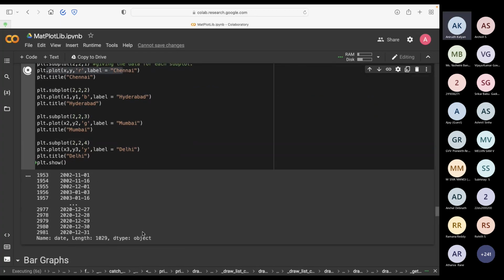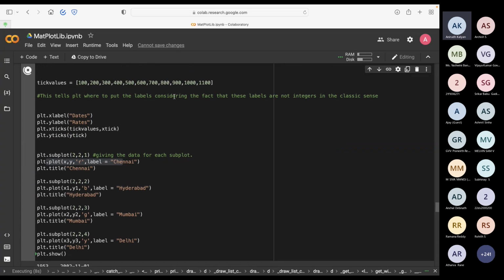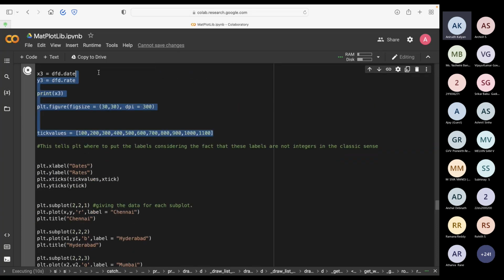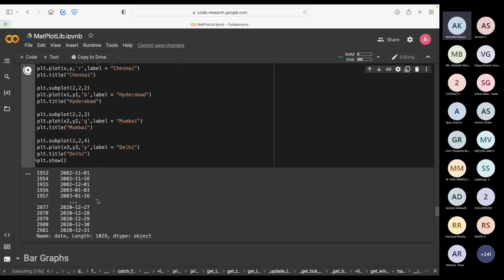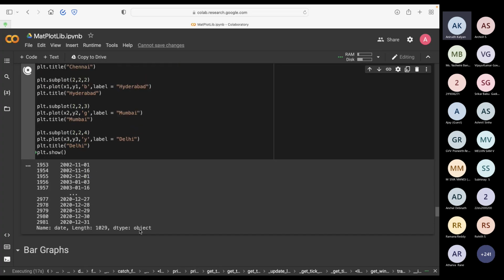Since it's a larger graph, it will take some time. In this case, there are 1,100 rows per city, and I'm doing it for 4 cities, so it has to pass through 4,000 rows before it can give me a valuable graph. See, it's going on for 19 seconds. Once it presents itself, you'll see a grid.